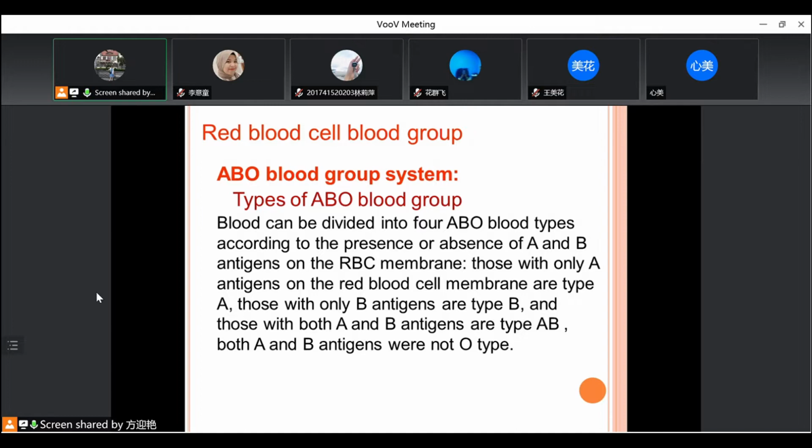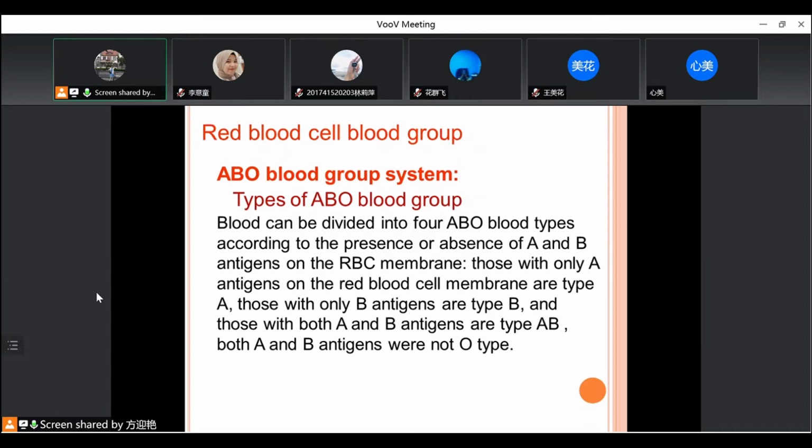According to the presence or absence of the A and B antigens on the red blood cell membrane, they can be classified into four types of the ABO blood group.